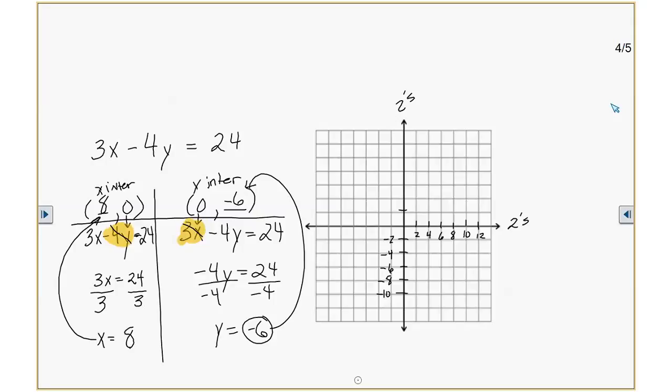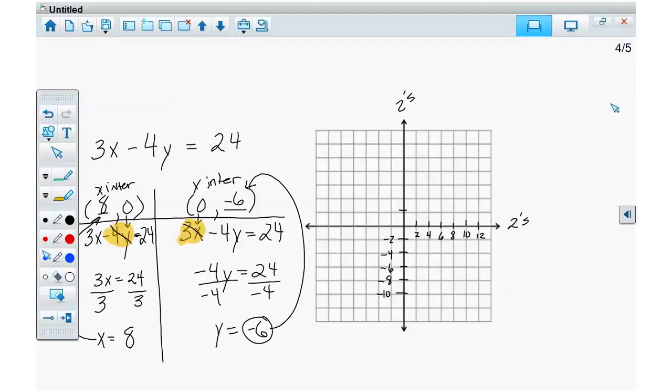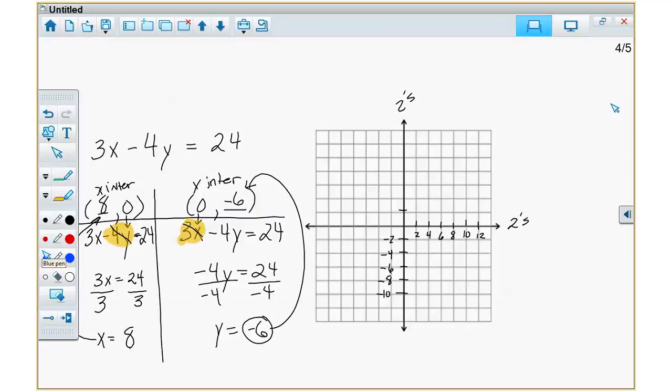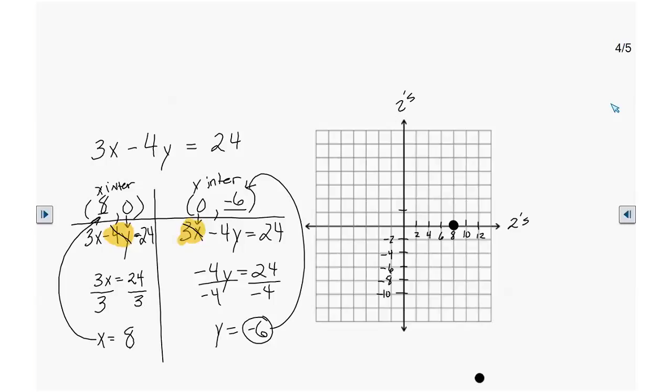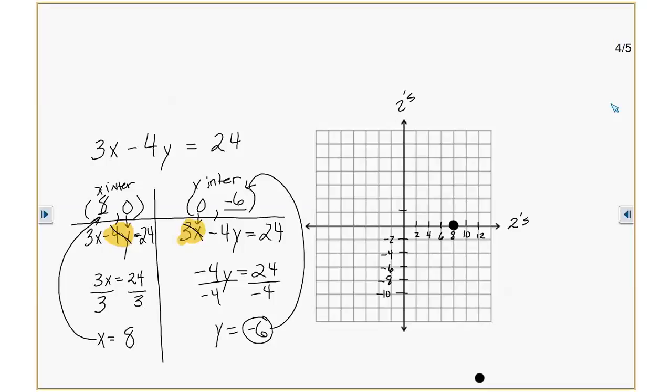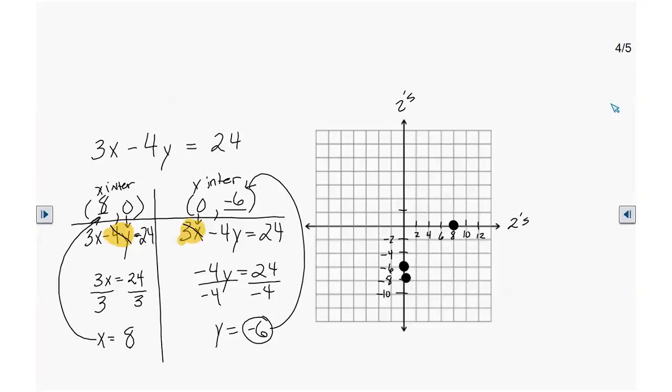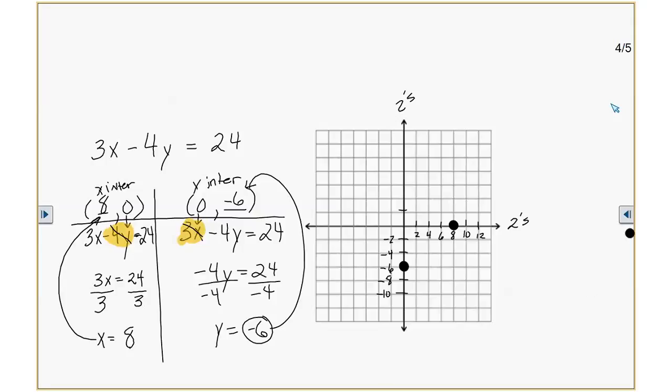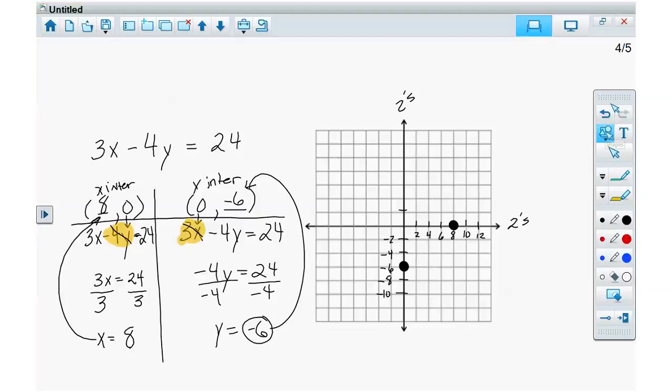All right, so our x-intercept is 8 and 0. 8 and, let's see if I do a little dot. No, I want to do a big dot. And 0 and negative 6. So I take my handy dandy line maker. Probably be blue.